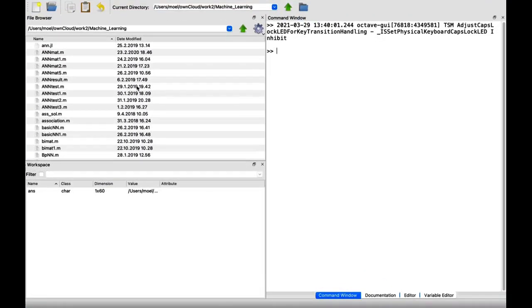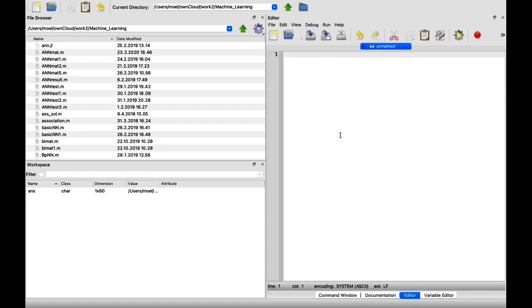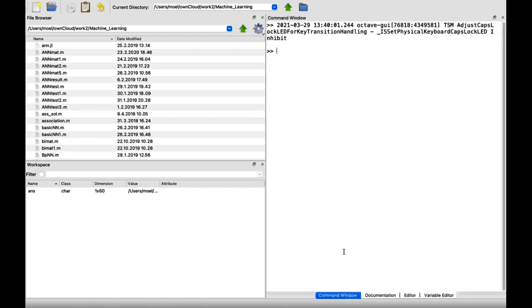Okay, let us go to Octave now, as you can see. We can work directly in the command window, or we can write our function in the editor and then run it many times. But before I do that, let us go to the command window. For those who don't know Octave, I will show a few things here.